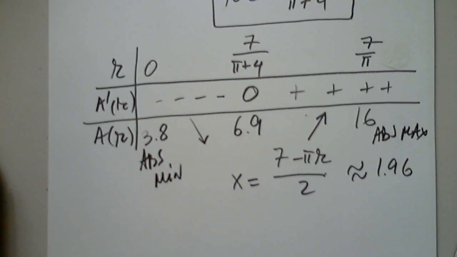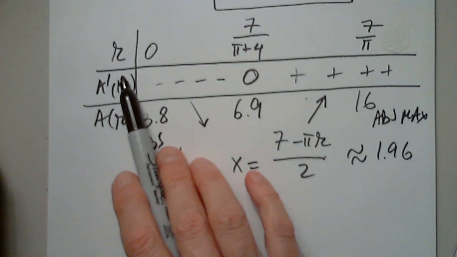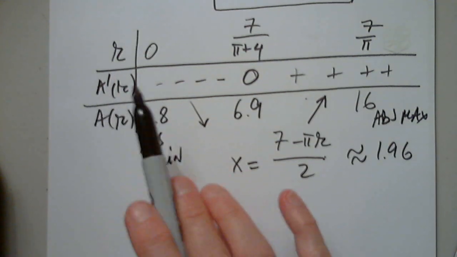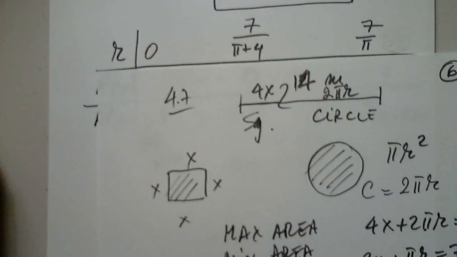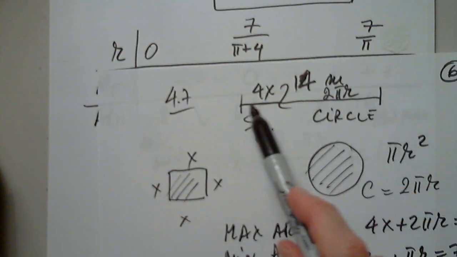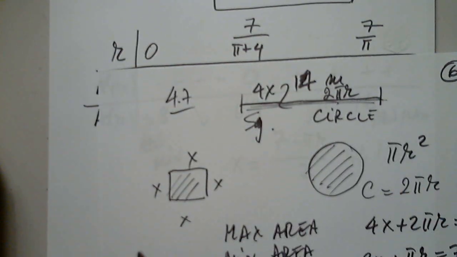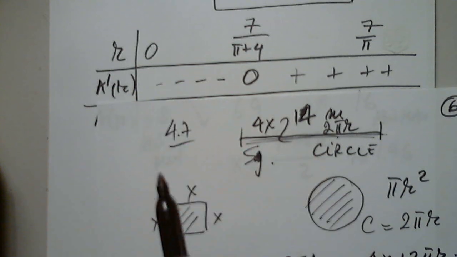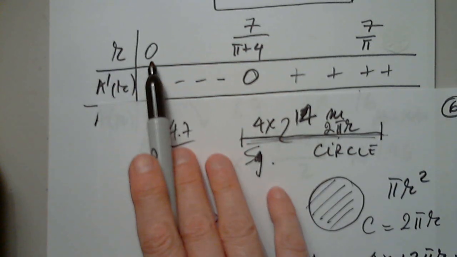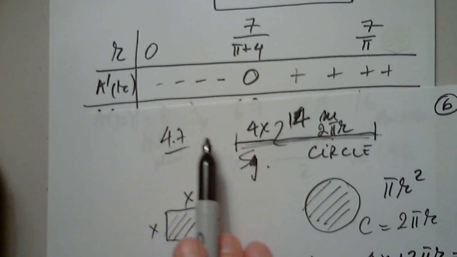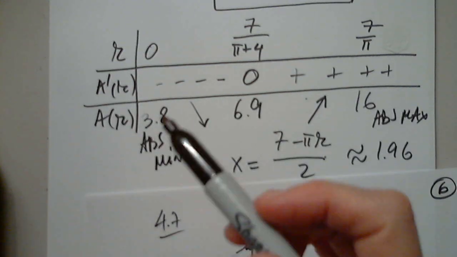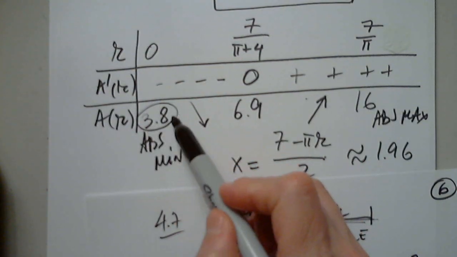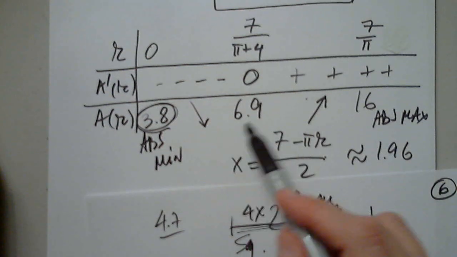So, finally, when we bend the entire 14 meters into the square with r being 0, so the whole thing, then we get the absolute minimum area. This is nothing.